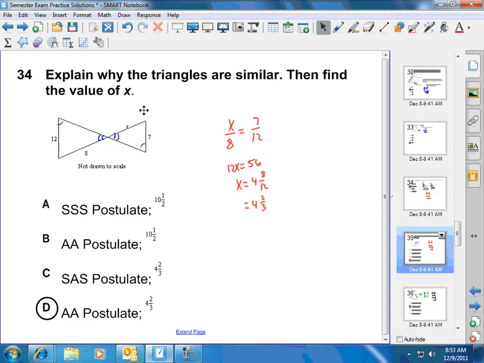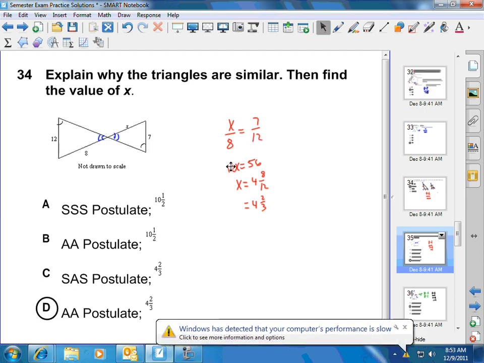The way I did it is I did x over 8. So x over 8 has to equal 7 over 12. Okay, same order, small over large, small over large. I can't say x over 8 has to equal 12 over 7. X over 8 equals 7 over 12. Cross multiply, 12 times x is 12x. 8 times 7 is 56. Divide 56 by 12.